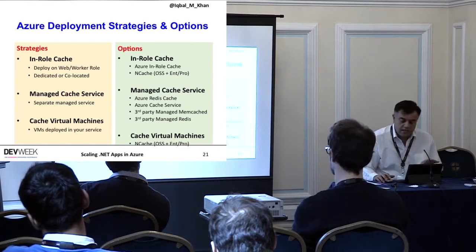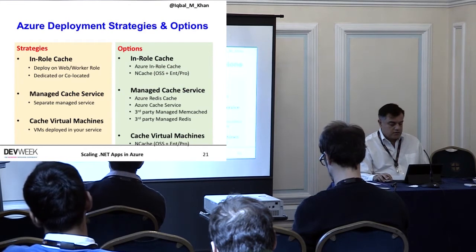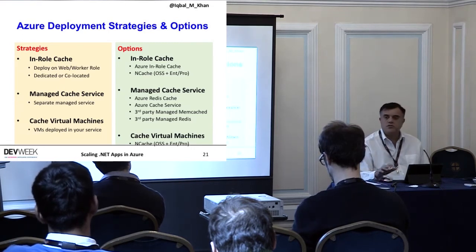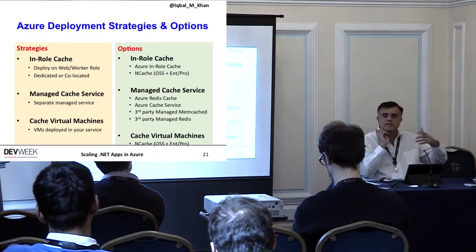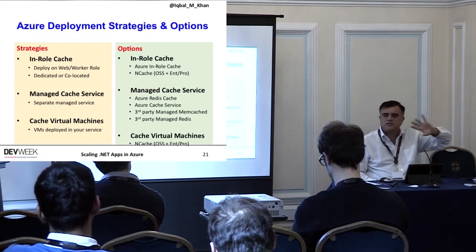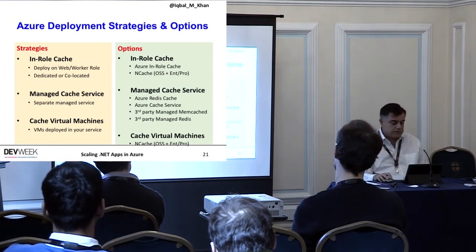I'm going to explain what my opinion is on this strategy. But in the managed cache service, things are very simple for you because you don't do anything. You just ask, please give me a cache which is 30 gig. And they'll manage all the servers, they'll do everything. And you just get the API and you talk to it.